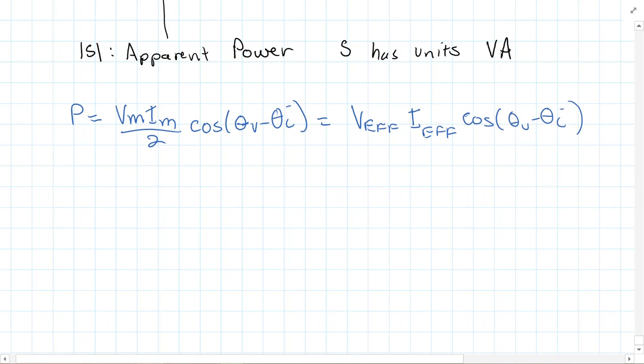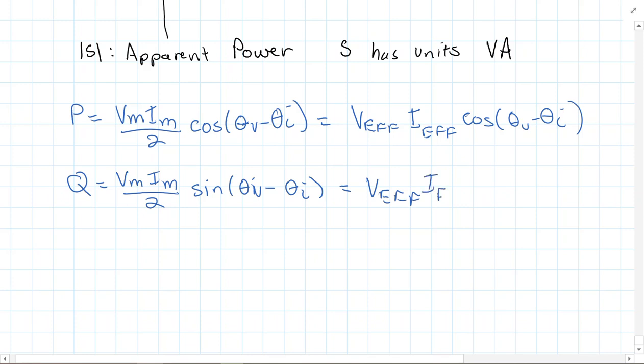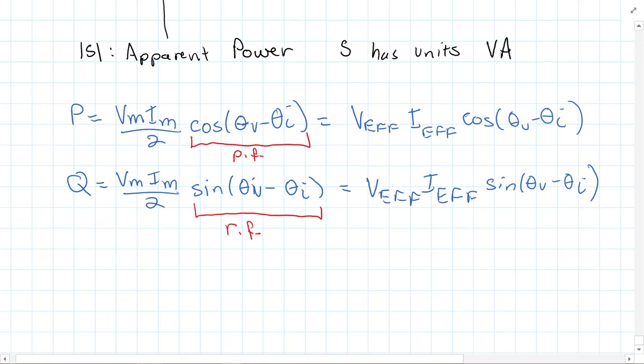And we have my reactive power, Vm Im over 2 sine of theta v minus theta i, which using RMS values is V effective I effective sine of theta v minus theta i. The cosine of theta v minus theta i is my power factor, and the sine of theta v minus theta i is my reactive factor.